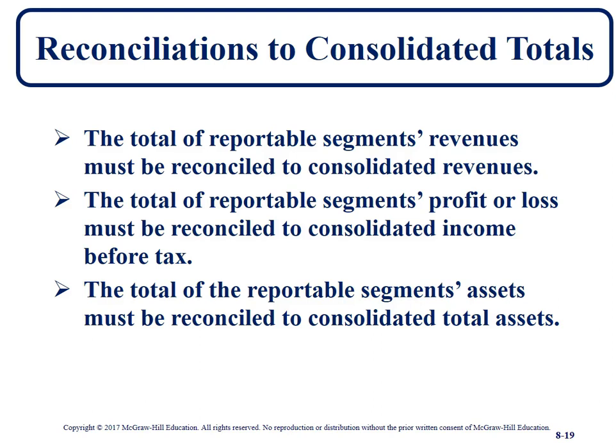Then the total of the reportable segments' revenues must be reconciled to consolidated revenues, because unless all of the segments are greater than 10% of revenues, there's going to be a lump sum left over. So you have to make sure that the total revenues in the segment reporting equals the total revenues of the company.